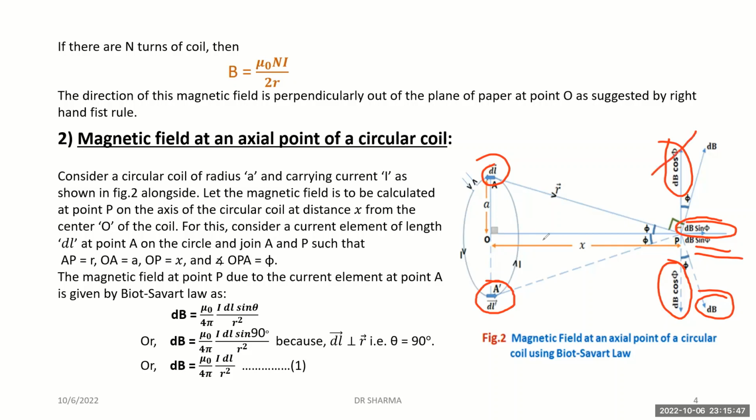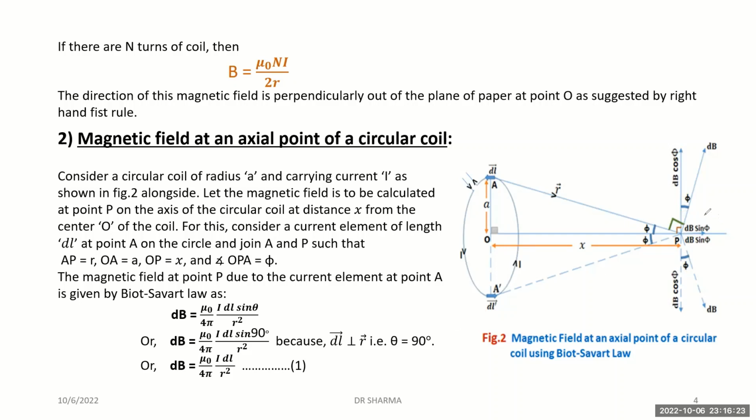So to get the total magnetic field, we integrate only the horizontal component dv sin phi of this elemental flux density. So we do not integrate total dv, only the dv sin phi component of equation 1. Remember this. The vertical component dv cos phi cancels out. So we do not need to integrate the total elemental flux density.